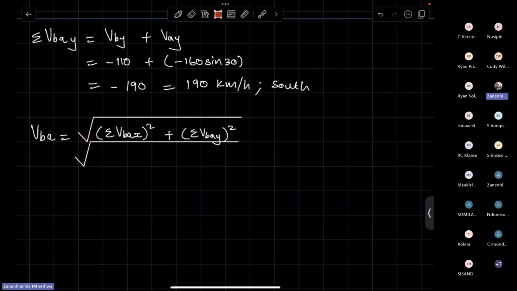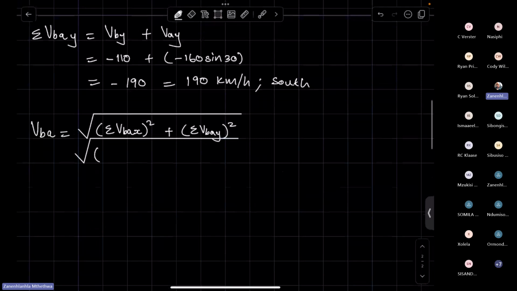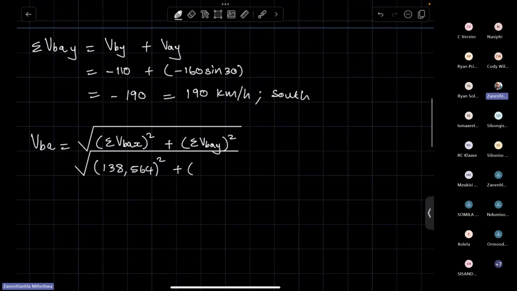In substituting, this is 138.564, all squared, plus 190, all of this squared.